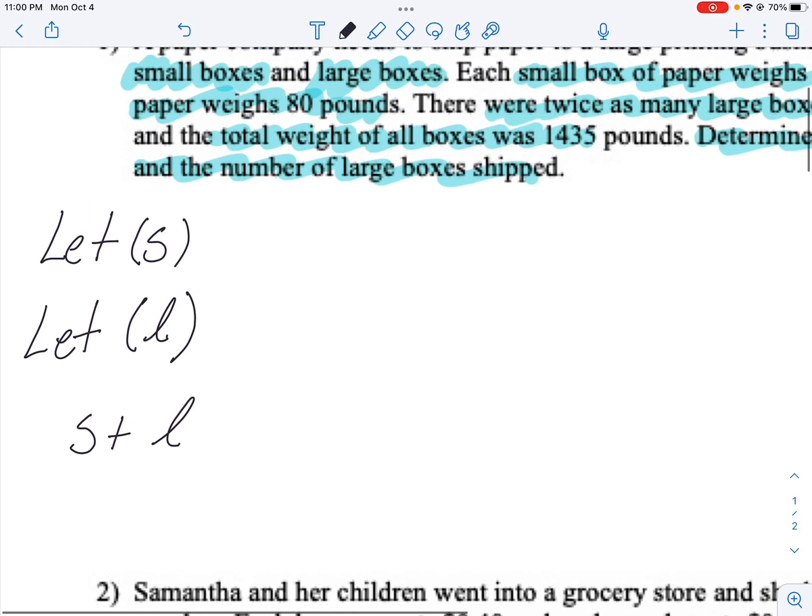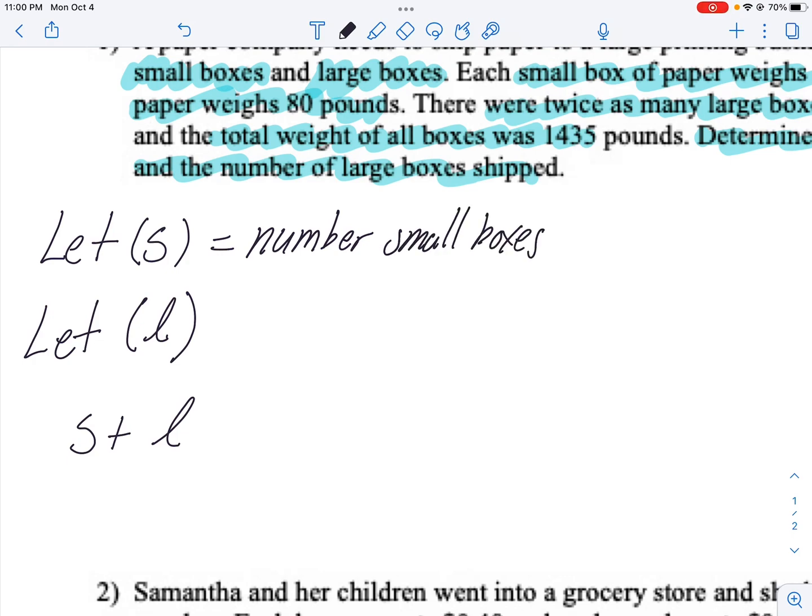So let S equal the number of small boxes and let L equal the number of large boxes, right? So how many small boxes and how many large boxes?